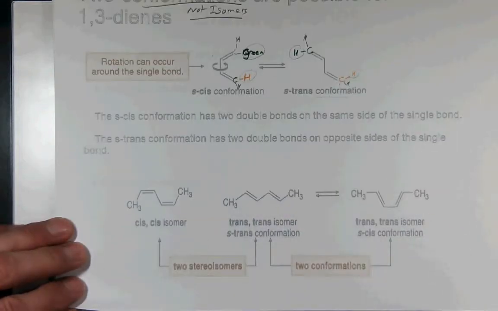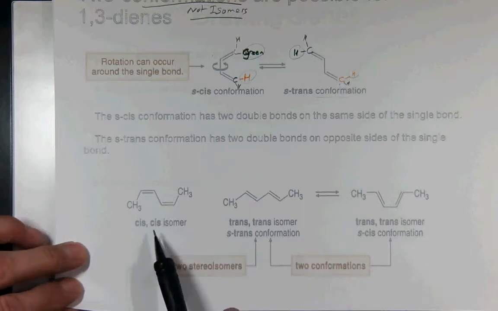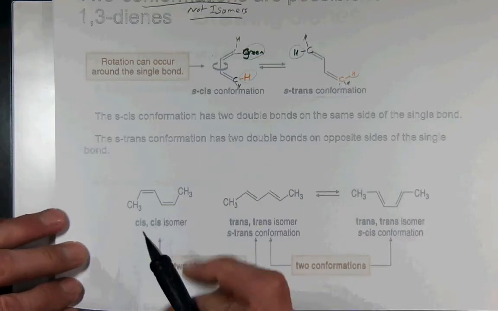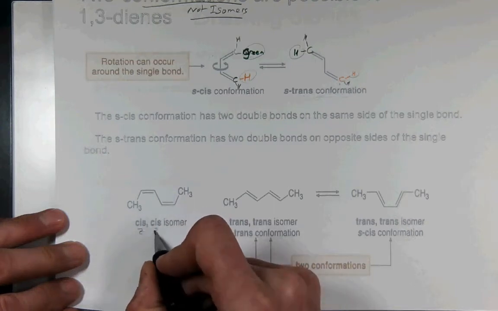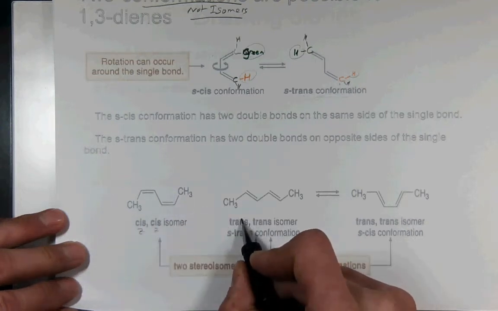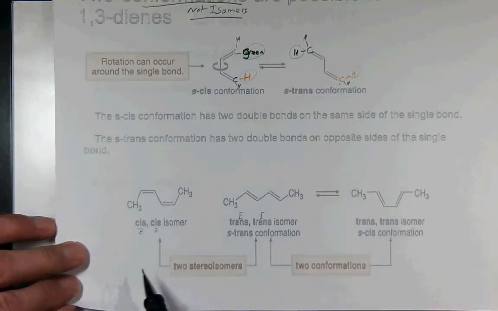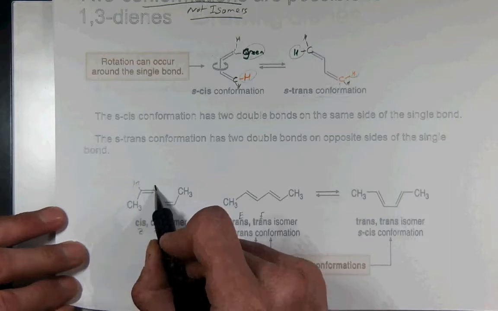So remember there were three different stereoisomers. It could be cis and cis, or Z and Z. We could have trans and trans, so E and E, or we could have cis and trans. So these are cis, both cis.